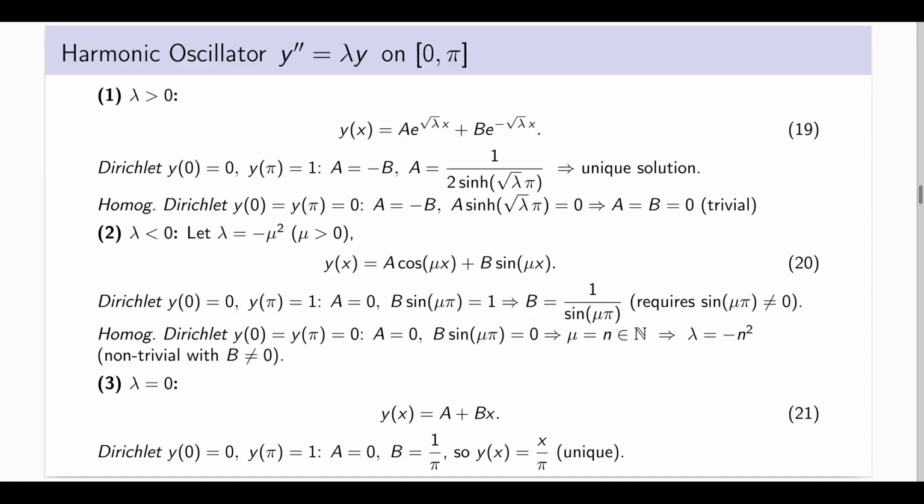These quantized values correspond to lambda equals minus n squared, the familiar standing wave condition. Finally, when lambda equals 0, the solution is simply linear in x, giving one unique straight-line profile across the interval. So the boundary conditions control not just the shape of solutions, but which eigenvalues, or physical modes, are actually allowed.